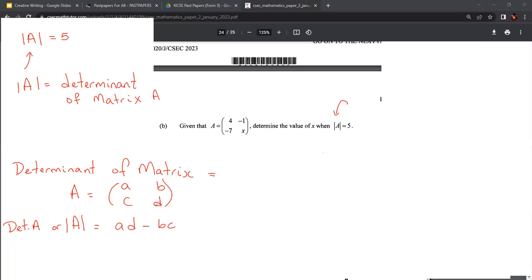So you label A, B, C, D. The reason why it doesn't matter is because we're multiplying these two minus the product of these two. So if I have B here and C here, same thing. Now you have to know this formula. All right.